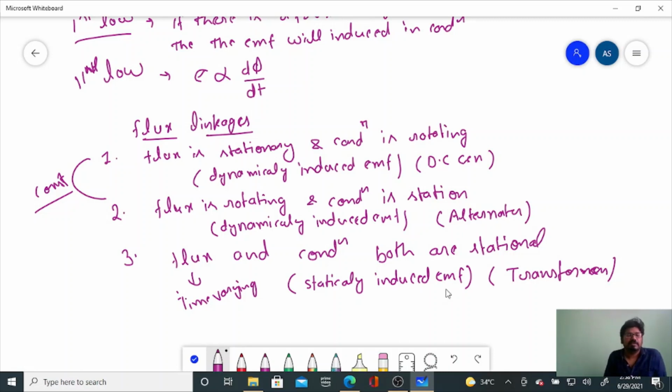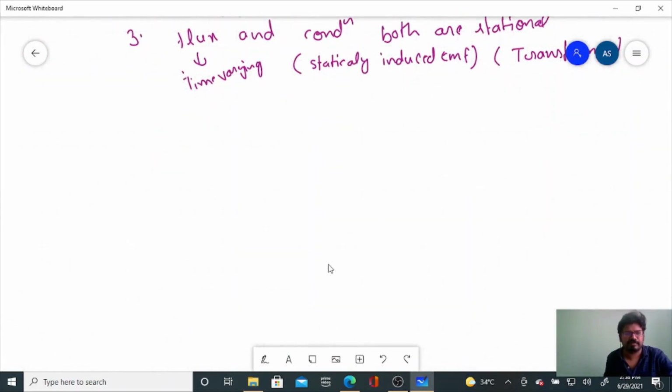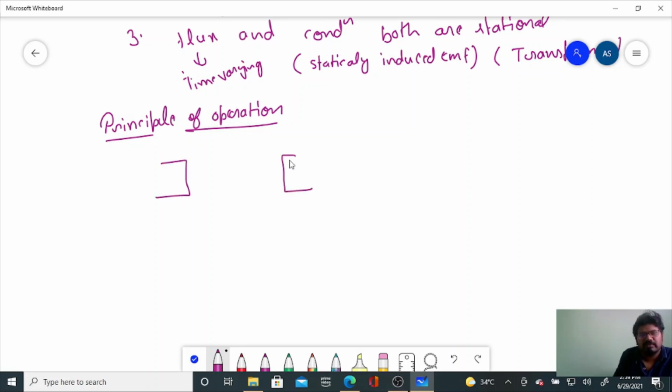Okay. Now let's come to the principle of operation of DC generator. So here, suppose we have north and south poles, which can be a permanent magnet or electromagnet.